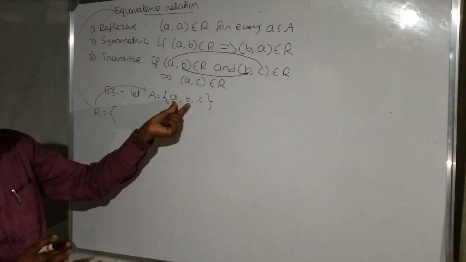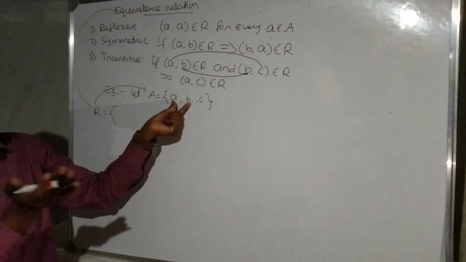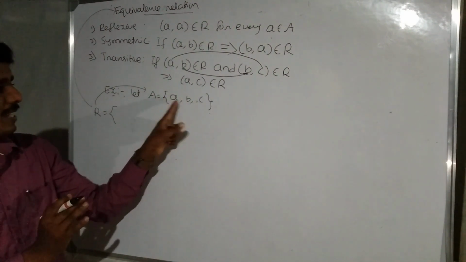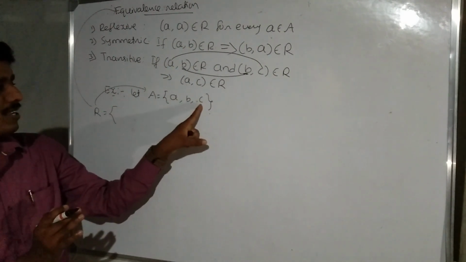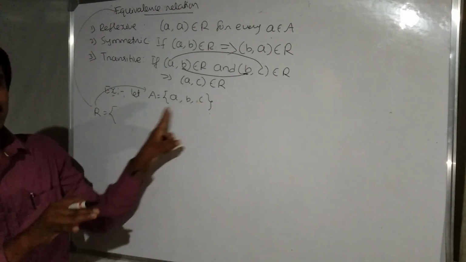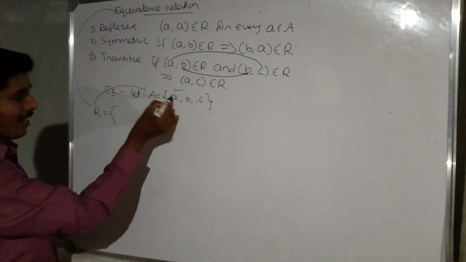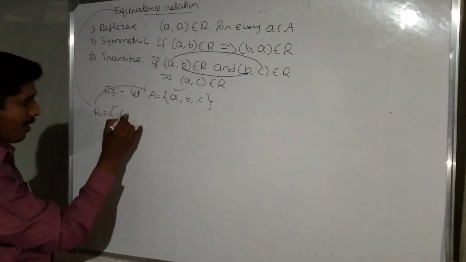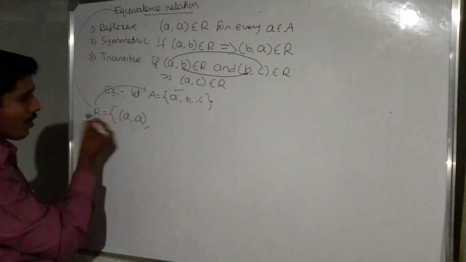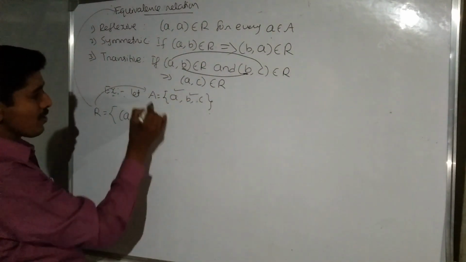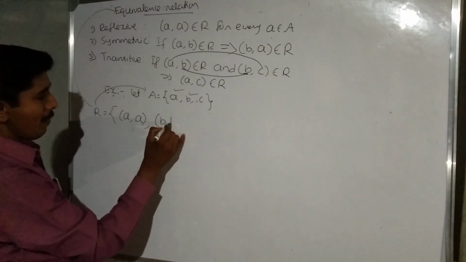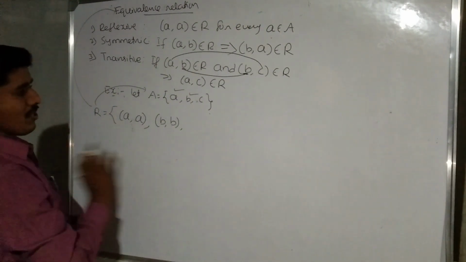First one reflexive means every element of set related to itself. Here we have 3 elements in set A. 3 elements related to itself means it is reflexive. Here A belongs to set A, A related to A, A comma A belongs to relation. B belongs to set A, B comma B belongs to relation.